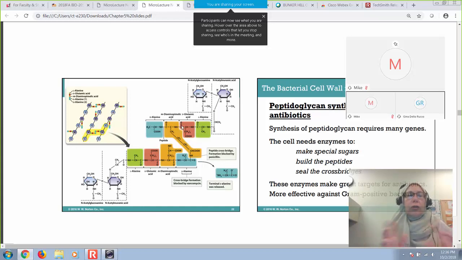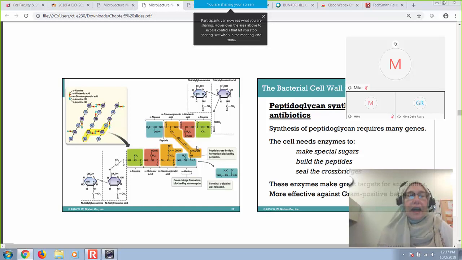You don't need to know the detailed structure, but you do need to know that these are many, many layers of these repeating strands of glycans, right? And the important thing are these colorful dots that show how they're connected to each other, and that gives the strength to the many, many layers.